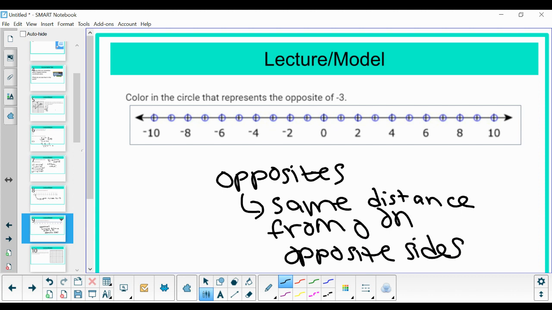All right, so opposite of negative 3 would be 3. 3 is going to be right in between 2 and 4. Again, opposites are the same distance away from 0, on different sides of 0. Like negative 10 and 10 would be opposites, 8 and negative 8 would be opposites.